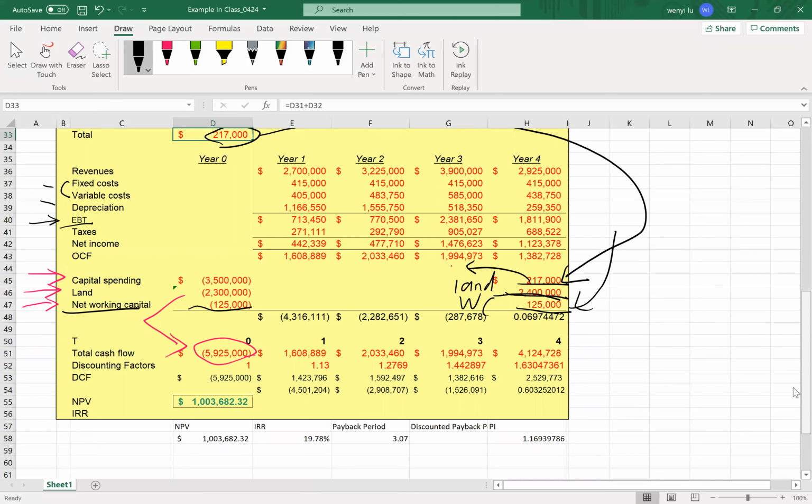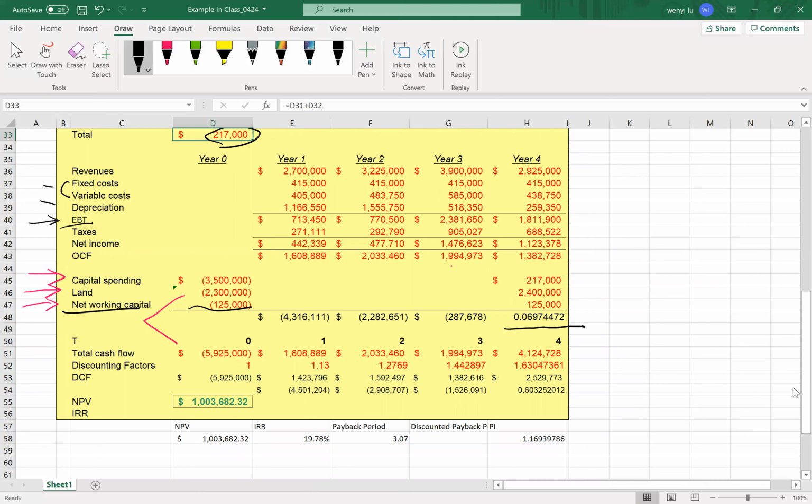So you're adding all this cash flow to the time 4 operating cash flow. You get the ending cash flows at time 4.